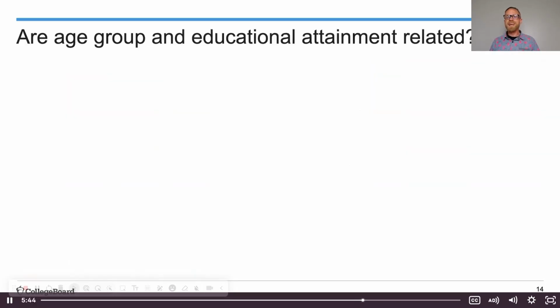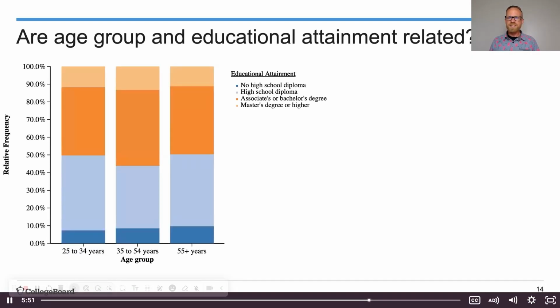So now let's see if we can get to answer the question about whether age and educational attainment are related. So using the segmented bar graph here, the question that we want to ask ourselves is, if we know what age group a person belongs to, would that help us to predict their educational attainment level?